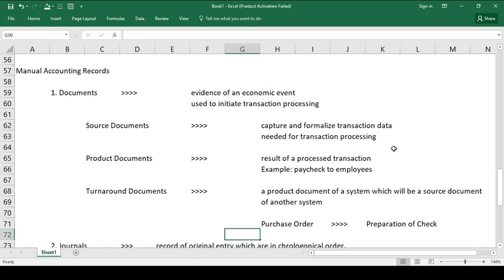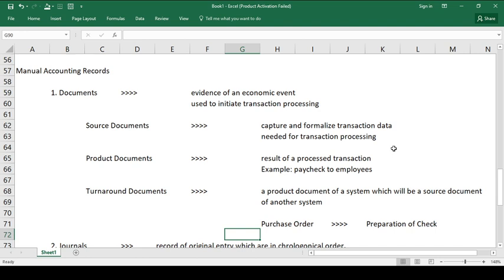However, on the preparation of a check, before we prepare the check, we ask from the purchasing department the purchase order, and then that purchase order will be served as a source document on the preparation of a check. So it means the purchase order is a product document of a particular process which will be a source document of the next process.